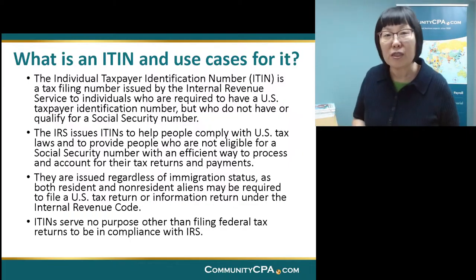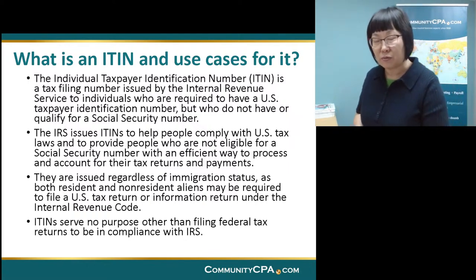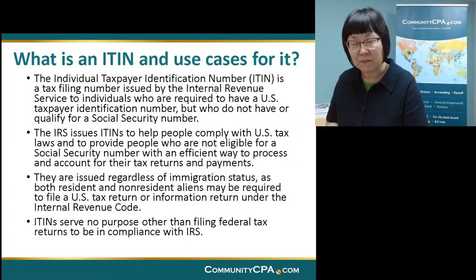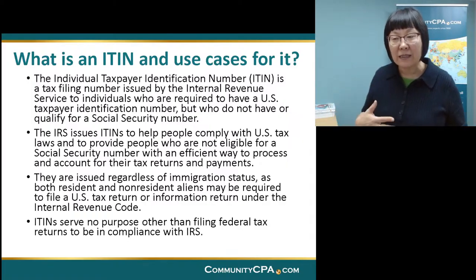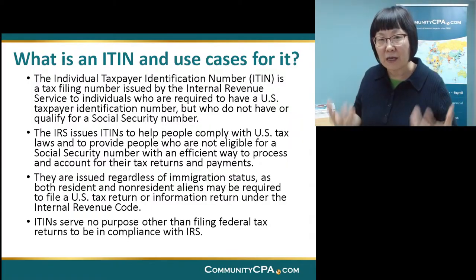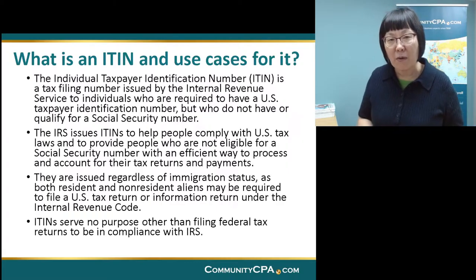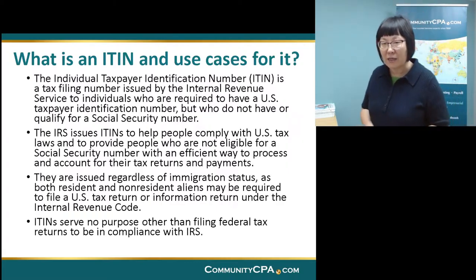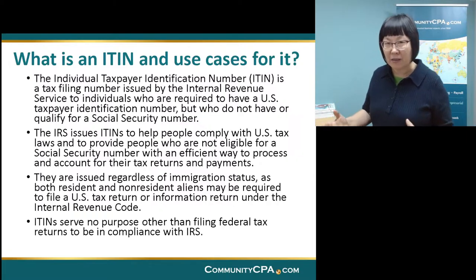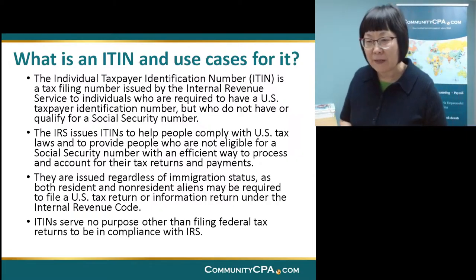Too bad. You need to apply for an ITIN, and you need to file 1040-NR. So those are the things. ITIN is very useful as long as it touches money, as long as you don't have a social security number with the United States government, and you need an ITIN.